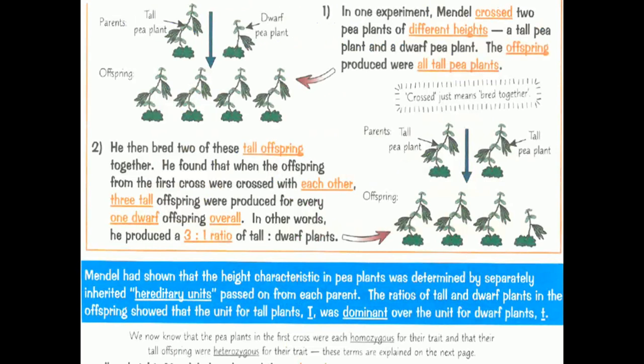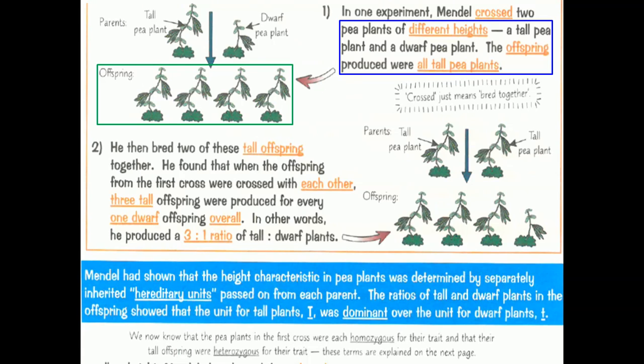A famous person called Mendel did experiments on inheritance to discover rules, and what he did is he crossed pea plants of different height, so a tall pea plant with a dwarf pea plant, and all the offspring that were produced were also tall.